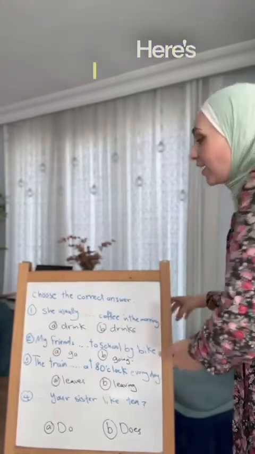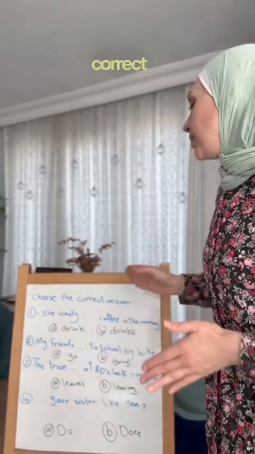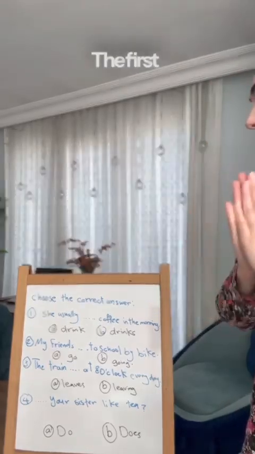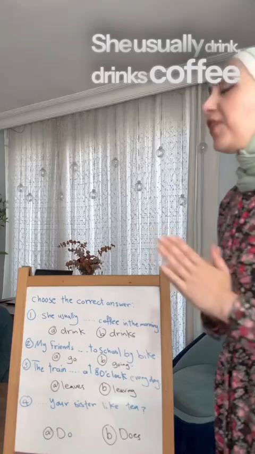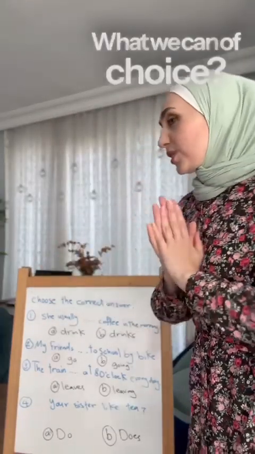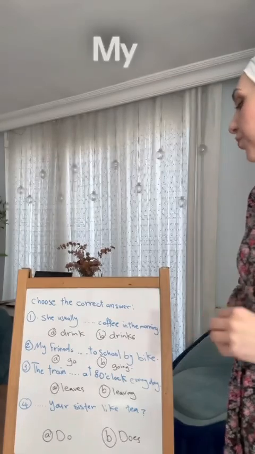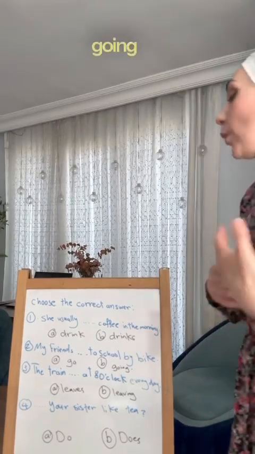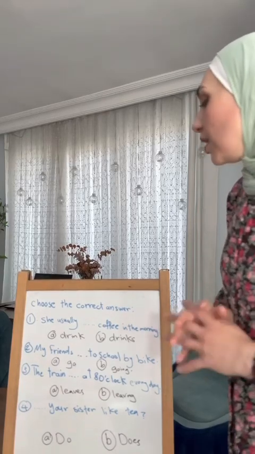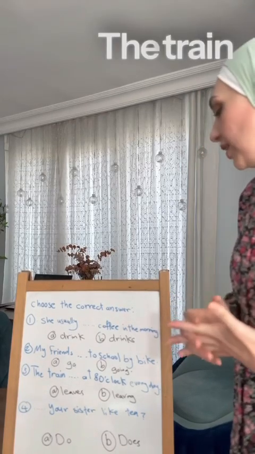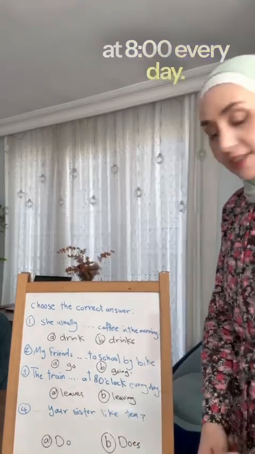Here I have sentences, and we have to choose the correct answer. The first sentence, she usually drinks coffee in the morning. What can we choose? Drinks. Very good. The second sentence, my friends go to school by bike. Go. Good. Third sentence, the train leaves at 8 o'clock every day.